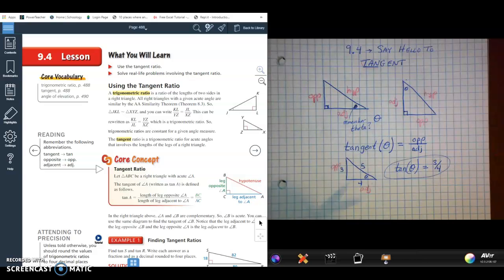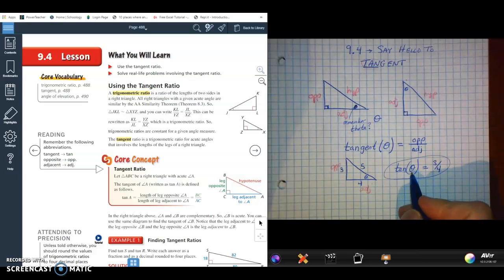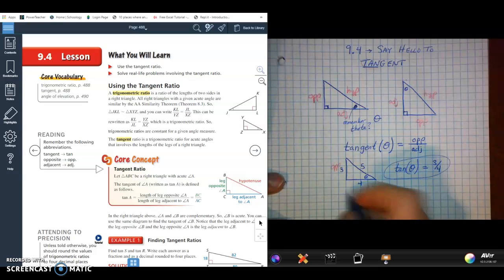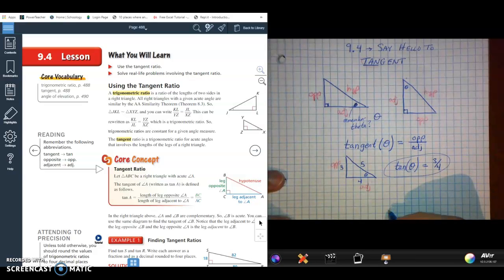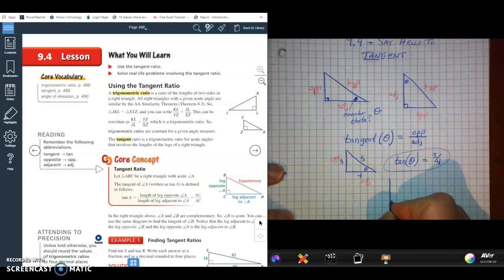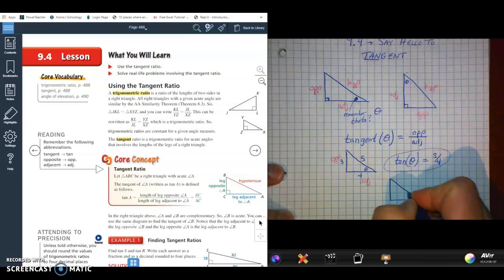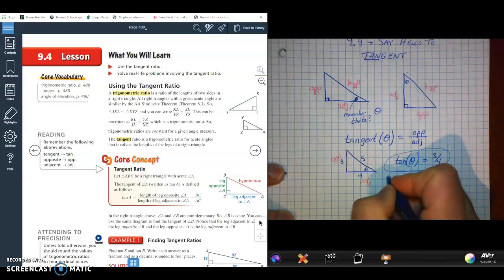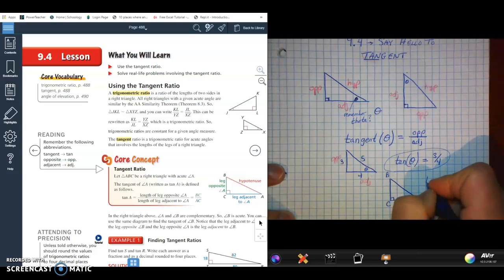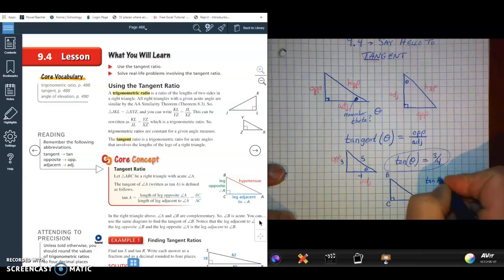Now, in some problems, we don't actually use theta for the angle, but we'll use the names of the sides. So let me draw one more that you might see. Sometimes people draw it this way and put A here, B here, C here for our typical triangle. Then we ask, what is the tangent of A?